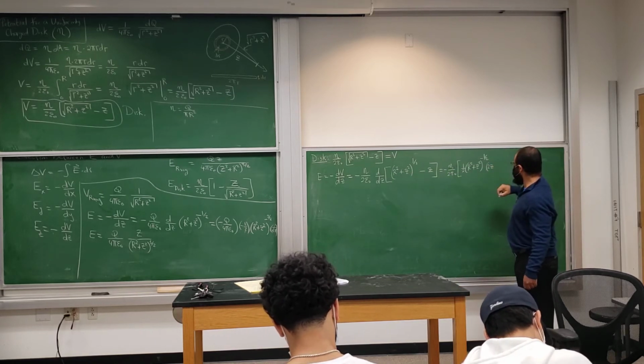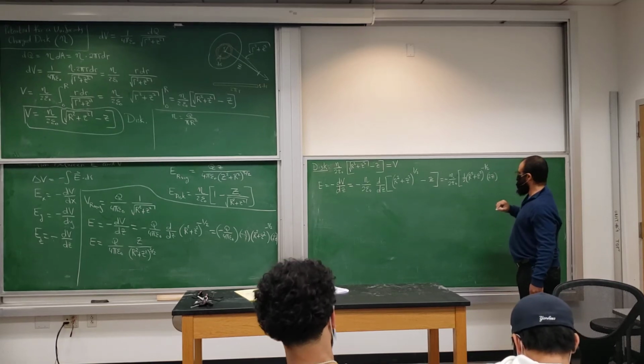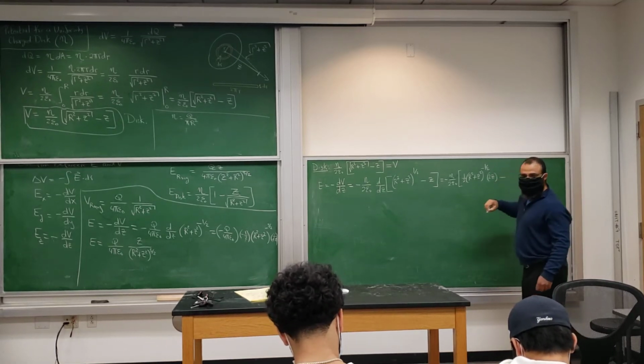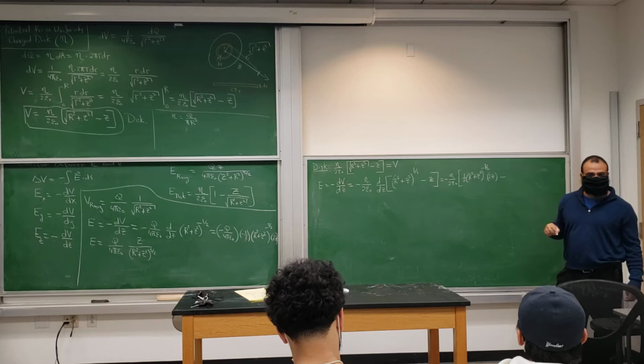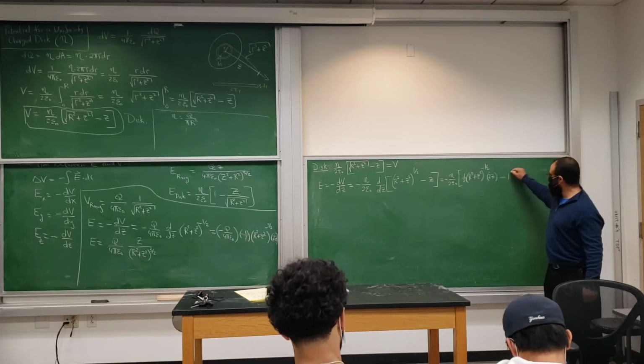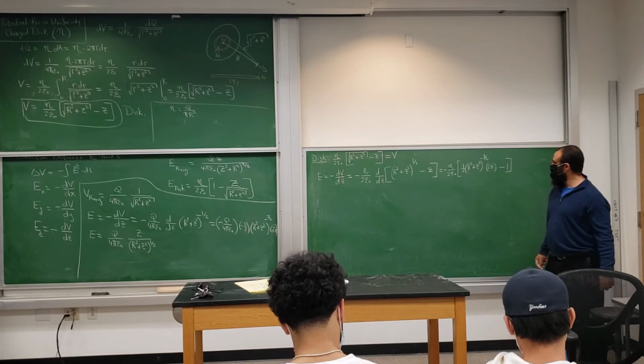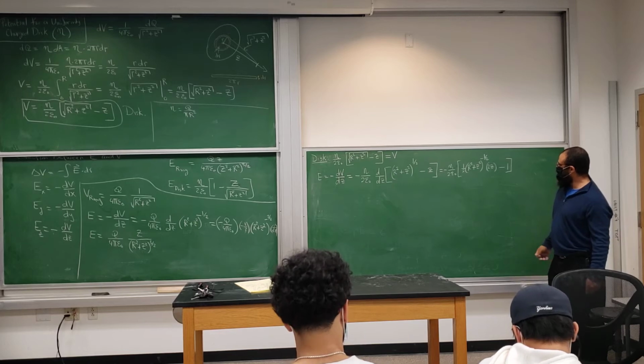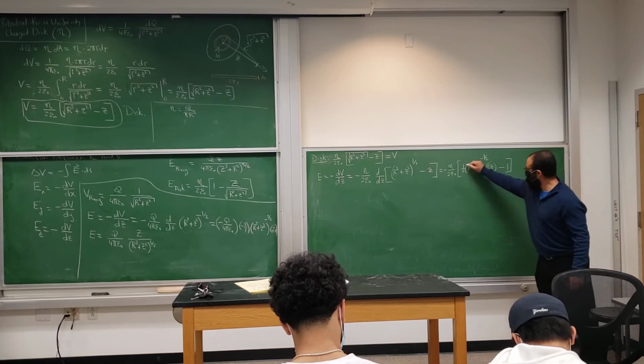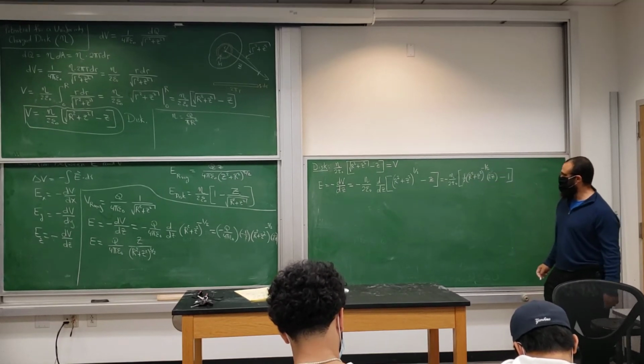That's it. And then minus what? What is the derivative of Z with respect to Z? 1. So this 2 and the 1/2 will cancel each other.